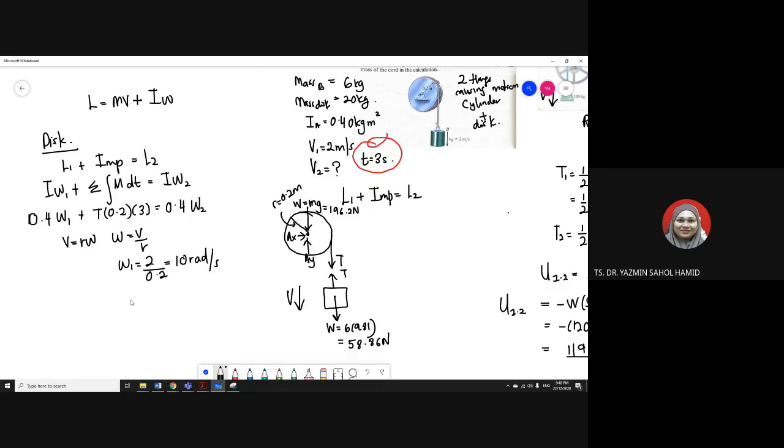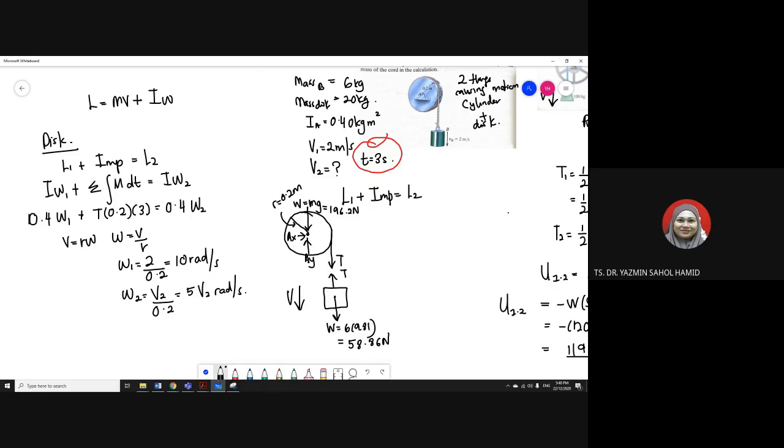How about omega 2? Omega 2, do we know what is V2? We do not know. Again, we do not know. And then after that, we must divide 0.2. So V2 divided by 0.2, ni radian per second. Okay, so it means kita boleh letak tu dalam equation balik kejap lagi.